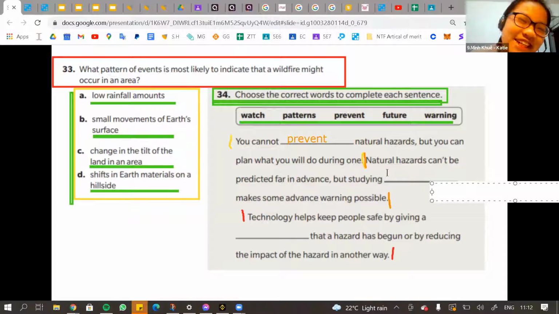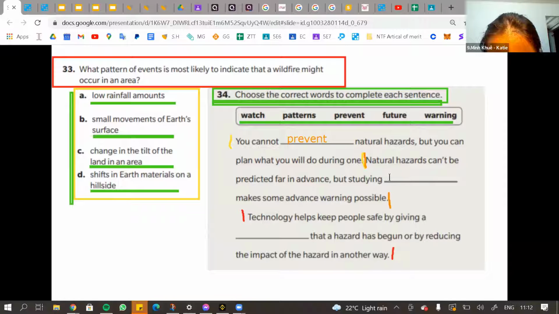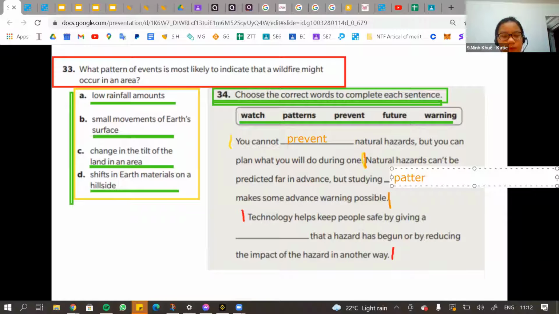Hello, Miss Lisa. In the orange, right? Yes, orange. Natural hazards can't be predicted far in advance, but studying patterns makes some advanced warning possible.